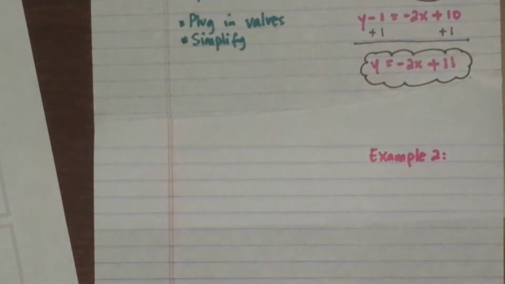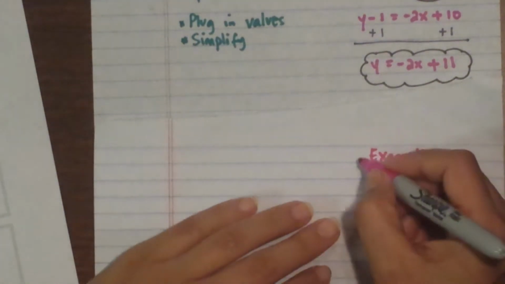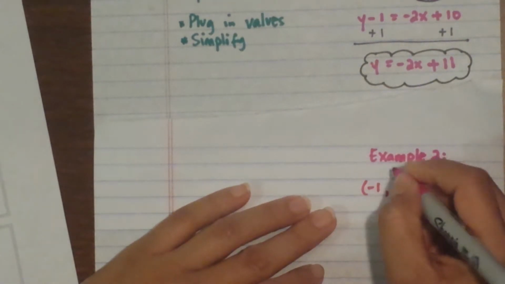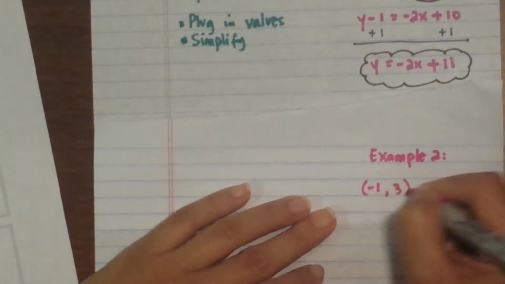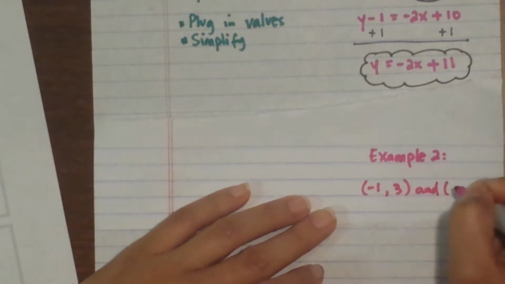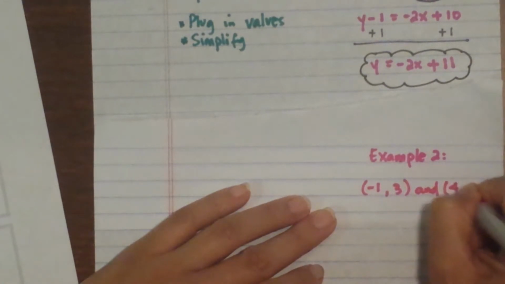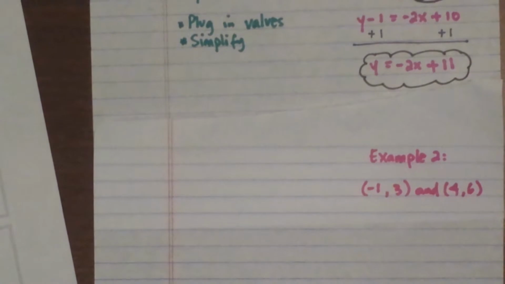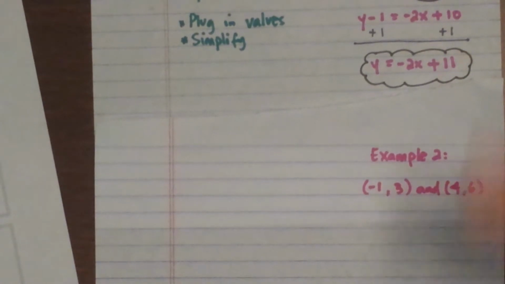All right, so for my example 2, let me say that I'm given the points -1 and 3, and I'm also given 4 and 6. So I'm still given 2 points. So I still follow the same thing that I did initially.